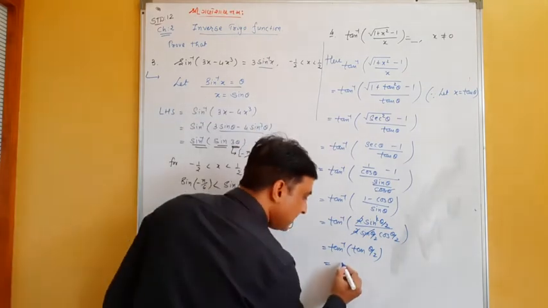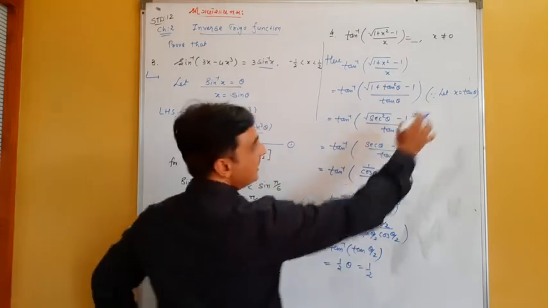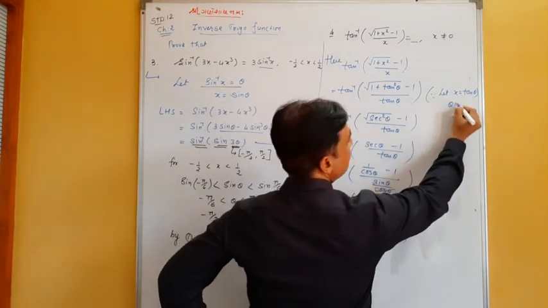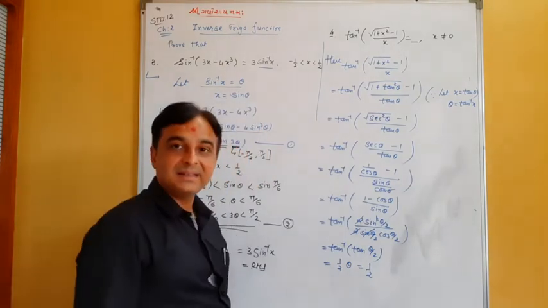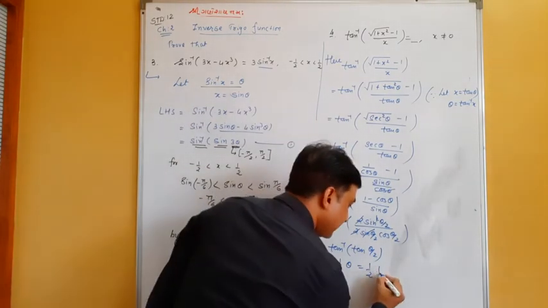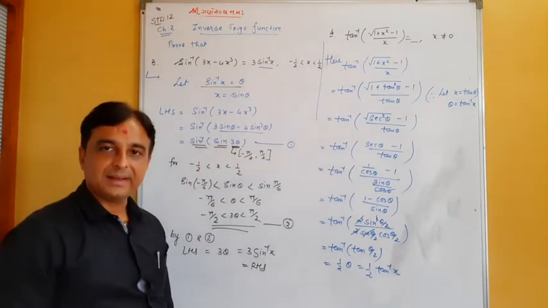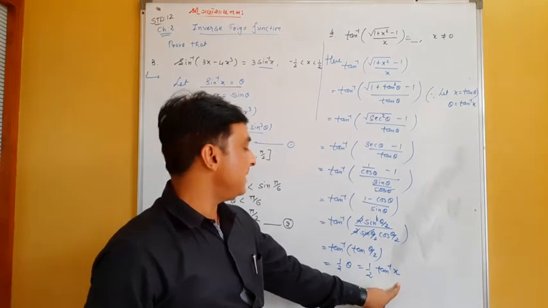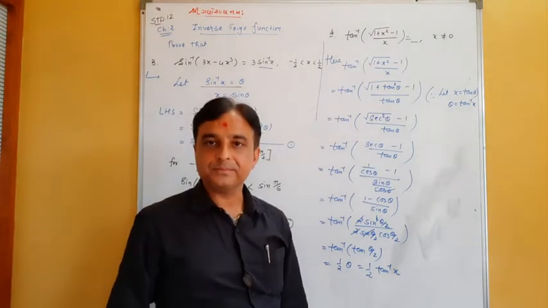So it will be θ/2, and θ equals tan inverse x. Clear? So this is the simplified form of this question 4.